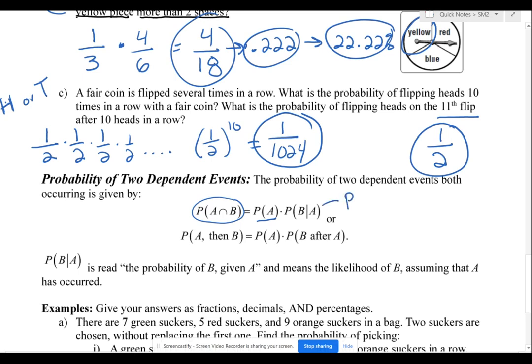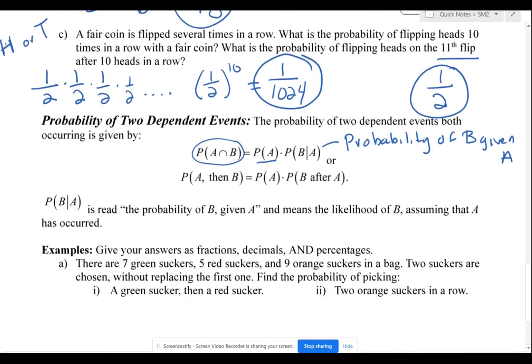This says the probability of B given A. That line means given. So basically that means B is dependent on A, so it changes, and that's kind of overcomplicating it. You're going to understand more when we do these examples, so we're going to jump right to them.